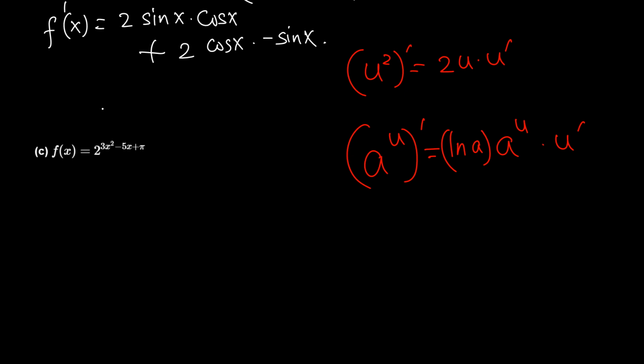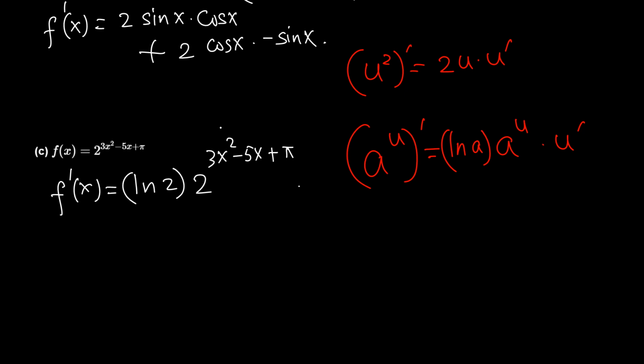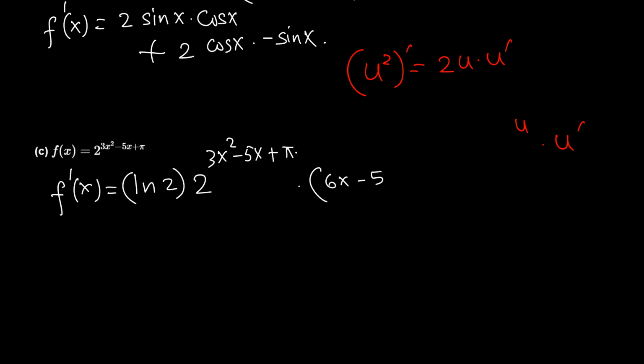Using this rule, our derivative here is the natural log of this base 2 times this exponential function itself, 2 raised to 3x squared minus 5x plus pi, times the derivative of the inside function, this is u prime, which is in this case the derivative of 3x squared, so 6x, minus the derivative of 5x, which is just 5, plus pi is a number, a constant about 3.14, so plus the derivative of a number is 0, plus 0 not required. Final.